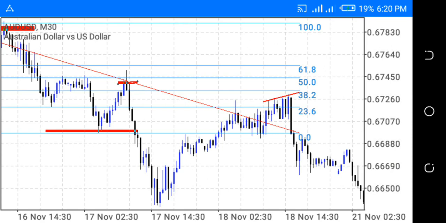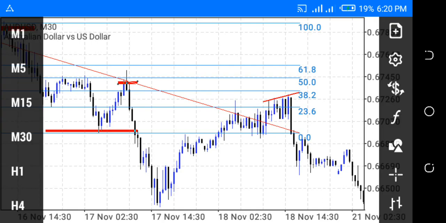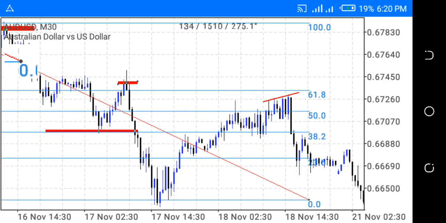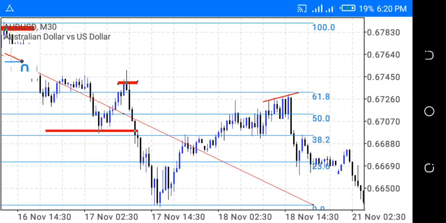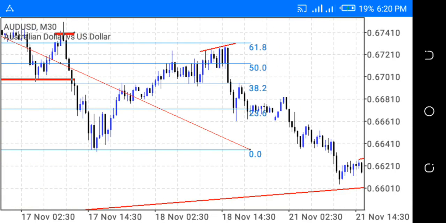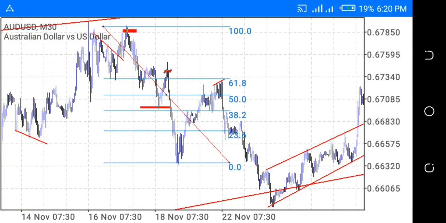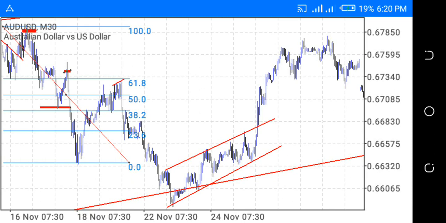It came to the 38.2 fib zone. So it's a good entry for you to get involved in the chart. And if we draw our Fibonacci retracement down again, the market came to a 50 pip zone, showing that the market continues to the downside.